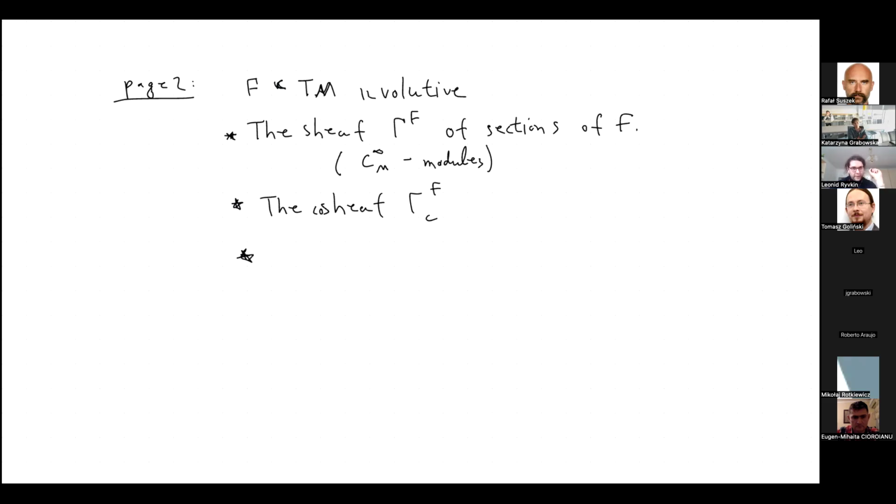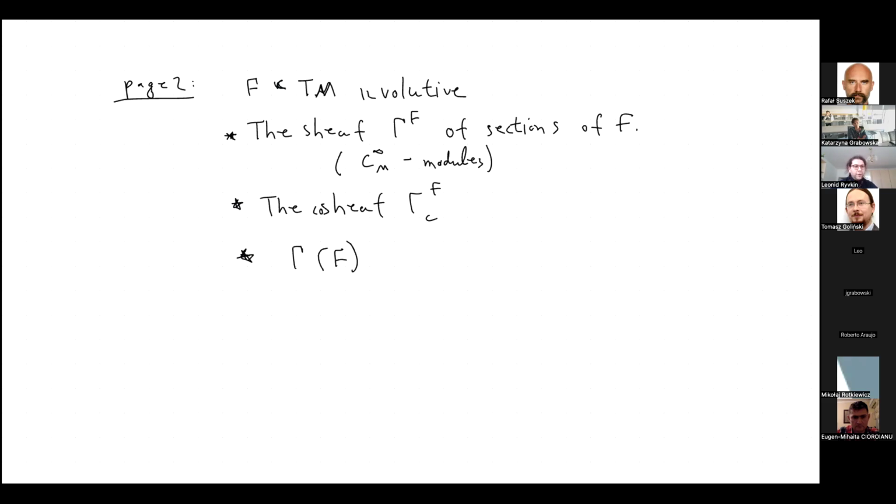Now comes something which is possible just because we're in smooth differential geometry. If we take gamma of F, the global sections, they know everything about the local sections. This is a particularity of smooth manifolds. We have a partition of unity.